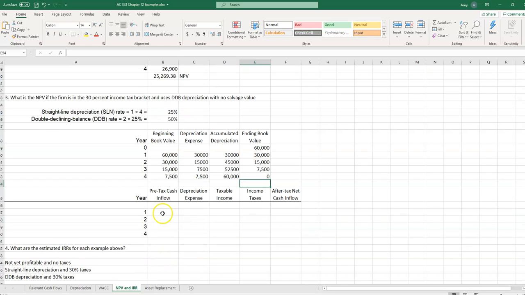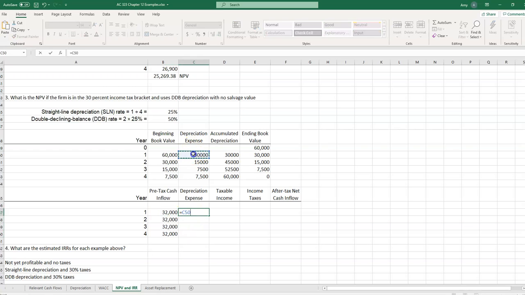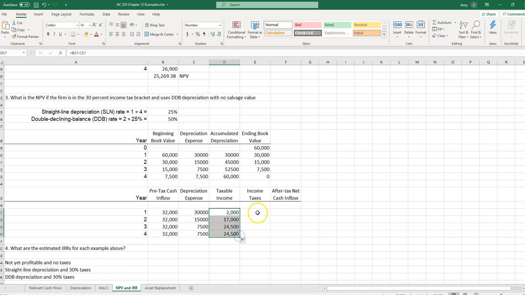So we have pre-tax cash flows in each year of $32,000. Then we have our yearly depreciation expense from our table up here. And if we take our inflow minus the depreciation expense, we get our taxable income each year.